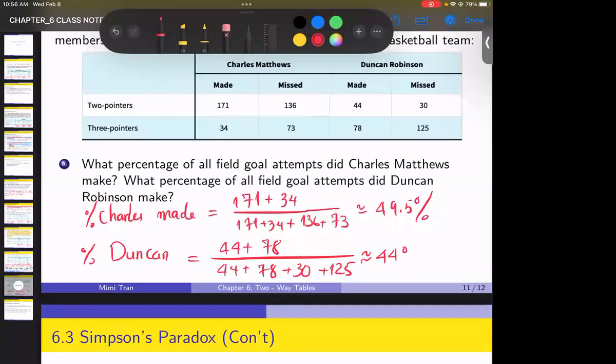Roughly 44%. So who has the better shot? Charles, right? It looks like it, at least at first glance, Charles has a better shot. Anybody here watch basketball? No?